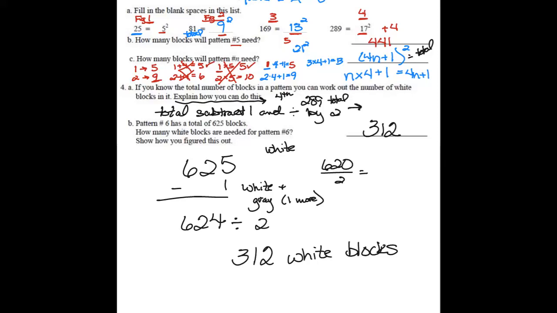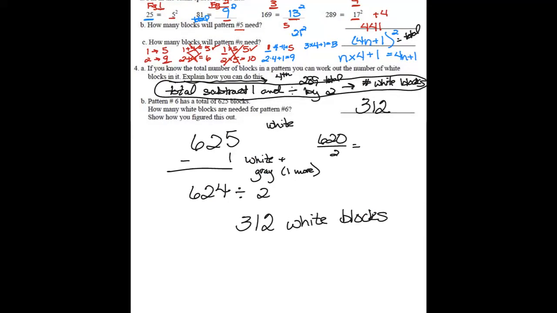That will give you the number of white blocks. Take your total, subtract 1, and then divide that number by 2 to get your white blocks. Does that make some sense? Because before they just differed by 1. So if we take that 1 away and then divide by 2, they're going to be the same amount.